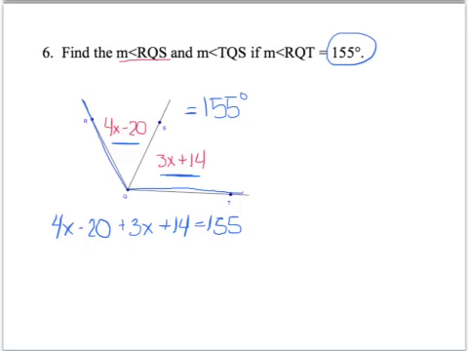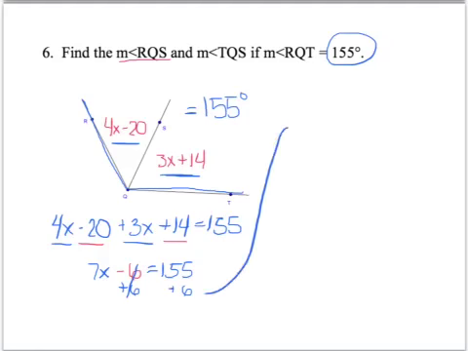Alright, let's go ahead and simplify by combining like terms. On the left-hand side we have 4x plus 3x, so I get 7x. And then I have negative 20 plus 14. That's going to be minus 6. We add 6 over.